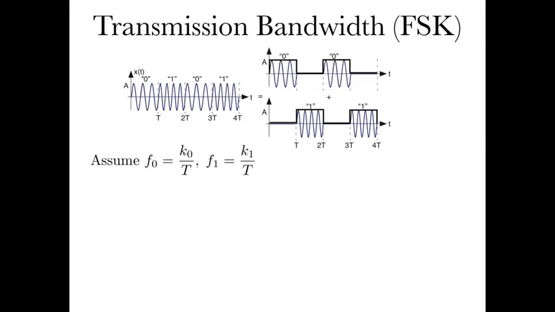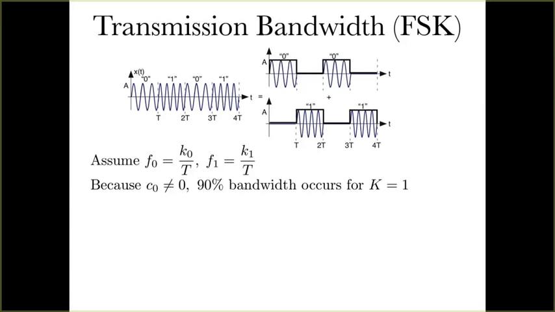I'm going to assume that the carrier frequencies are harmonics of the bit interval, K0 and K1, to be completely general. Now, here's a little detail: these square waves have a non-zero value. Their average values are not zero, which means C0 is not zero in the Fourier series.